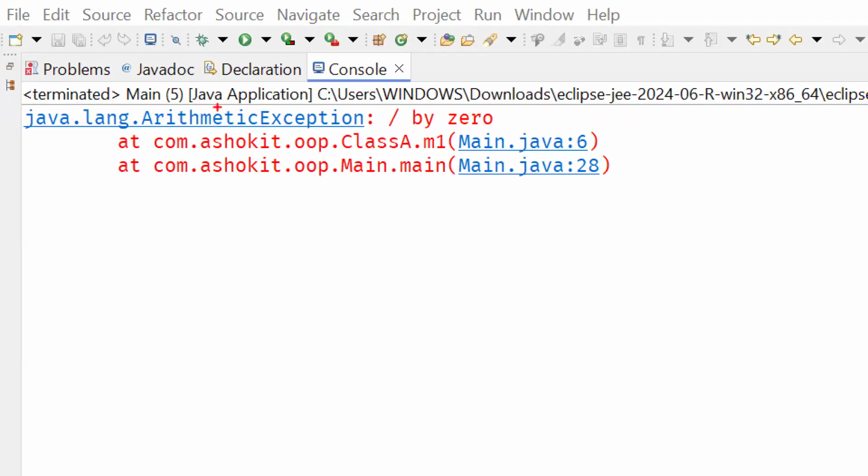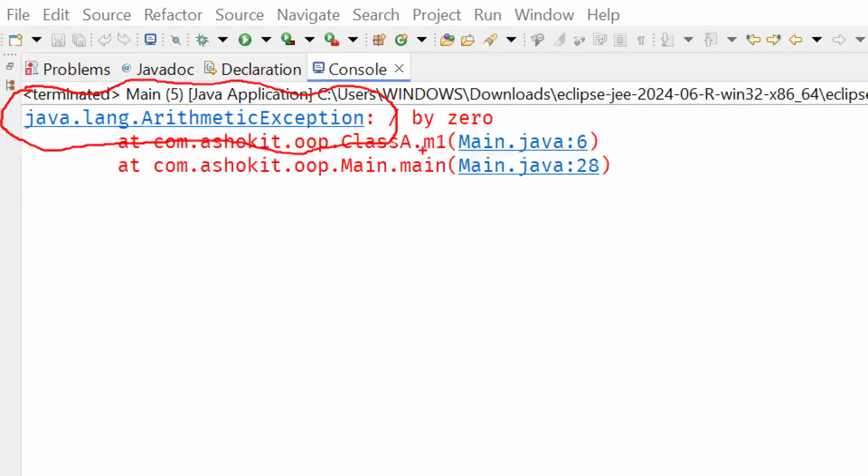Observe here. This first part is called what? Unmute your mic, everyone, and tell me. Exception class name. ArithmeticException is a class, right?